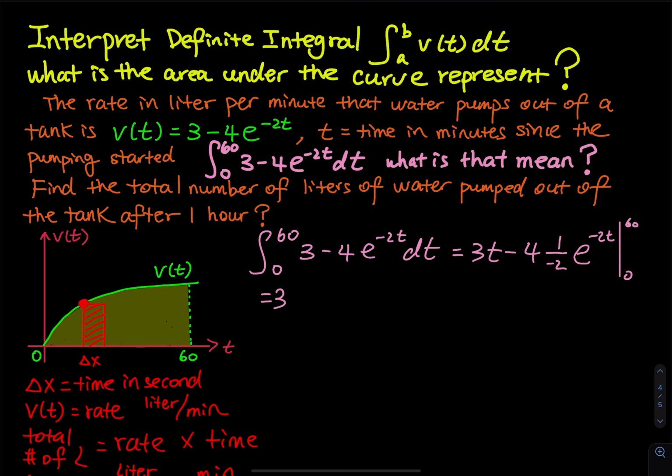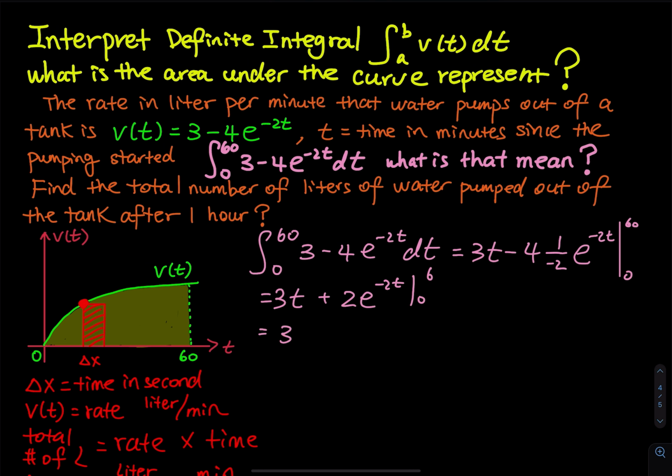Okay, and then you proceed to clean that up. So you have 3t, plus 4 divided by 2, which is just a 2, times e^(-2t), and t goes from 0 to 60. Then you do the plug-in.